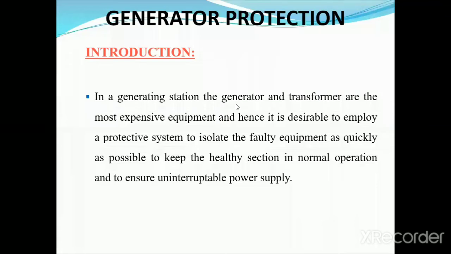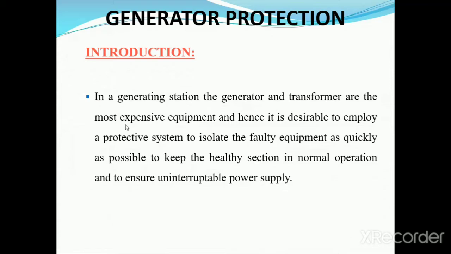If the cost of the units increases, automatically the attraction of the consumers also decreases. Then overall generation will be disturbed. That's why we give the separate protection for that generators and transformers, because they are the most expensive equipments in the case of a power system.